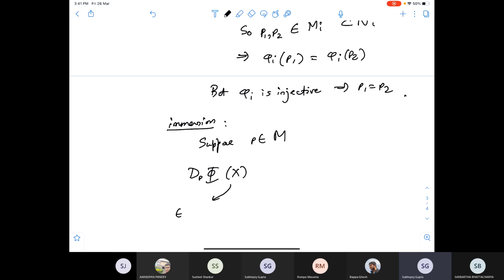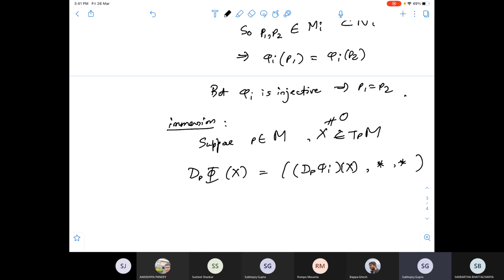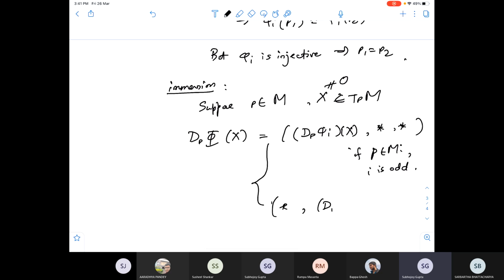Let's say x is something non-zero belonging to the tangent space at p. Now this would look something like dp of phi I at x, comma, something which we don't care about, if p belongs to M_I where I is odd, or something like dp of phi of x star if I is even.